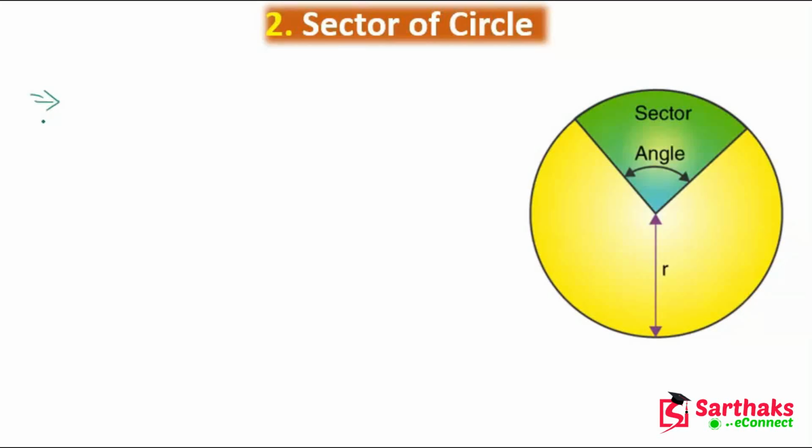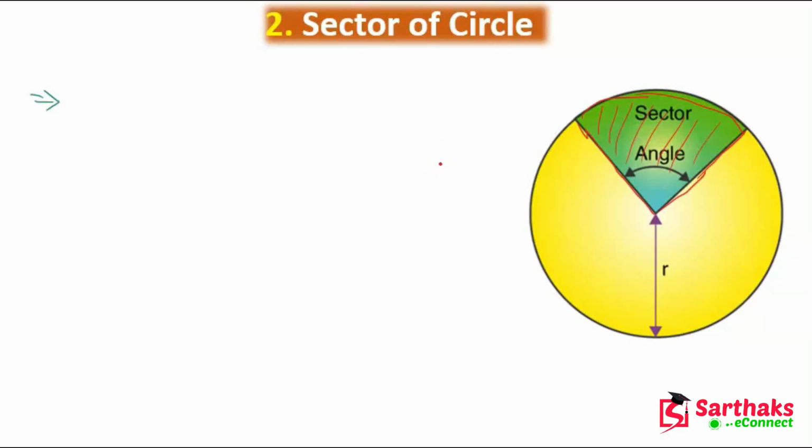A sector is a part of a circle made of the arc of the circle along with the two radii, like this. These are the two radii and there is an arc, so the area between the two radii and the arc is the sector.